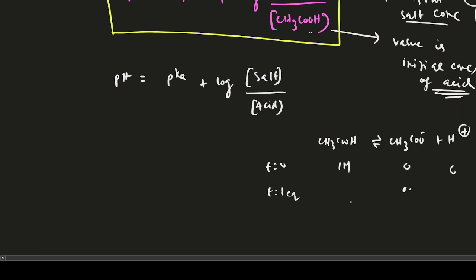Let's say this is 1 molar, and it dissociates nearly less than 5%, so let's say 0.05 molar dissociates, and this is nearly equal to 0.95 molar.